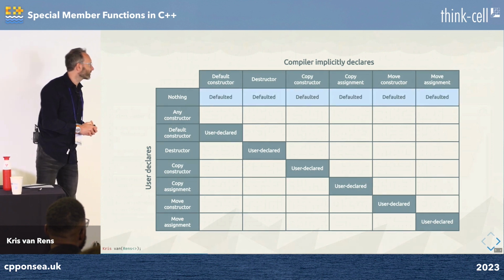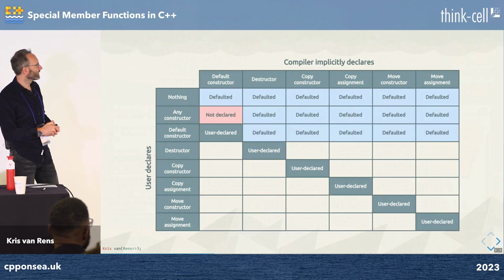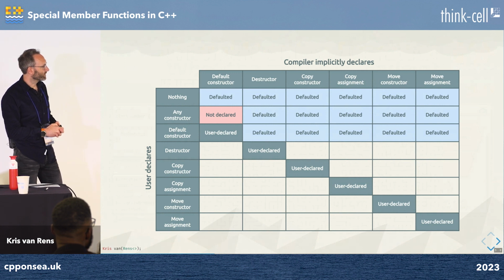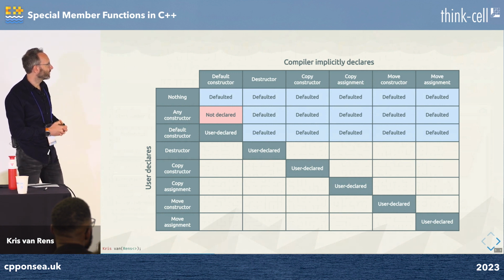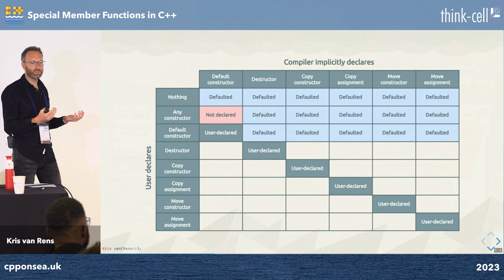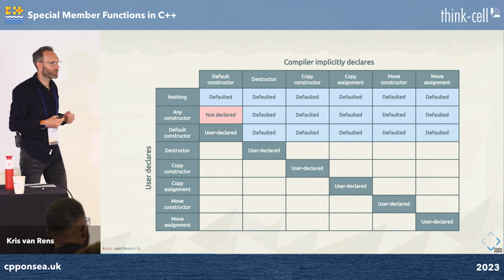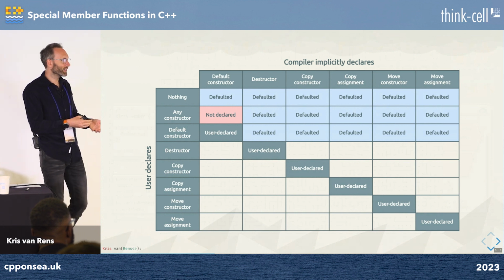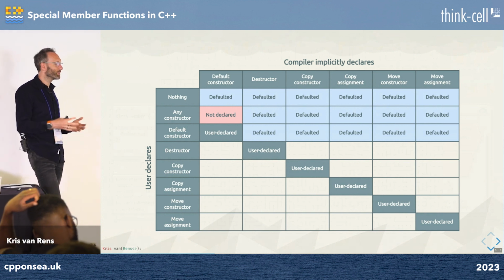Now, of course, the first 3 rows are not really surprising, right? If we do nothing, we get everything. If we define any constructor, of course, the compiler is not able to generate the default constructor anymore for you because, well, you just said that construction of this class is special. Why would it be able to generate it?